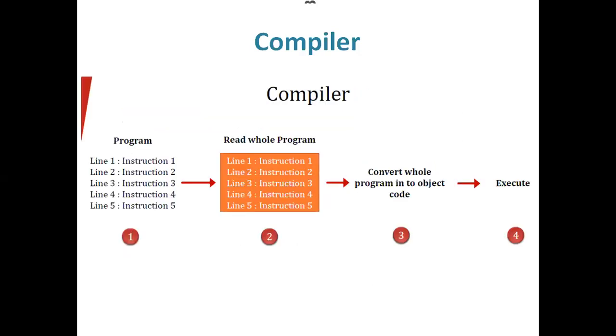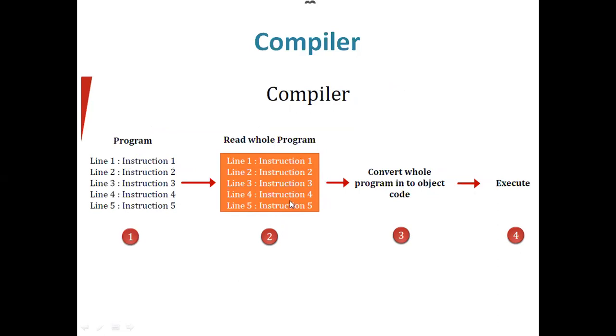Here you can see an example. We have written a program in a high-level language, and there are 5 instructions in this program. This is the source code. The compiler will read the whole program and convert it into object code if there are no errors in these instructions.